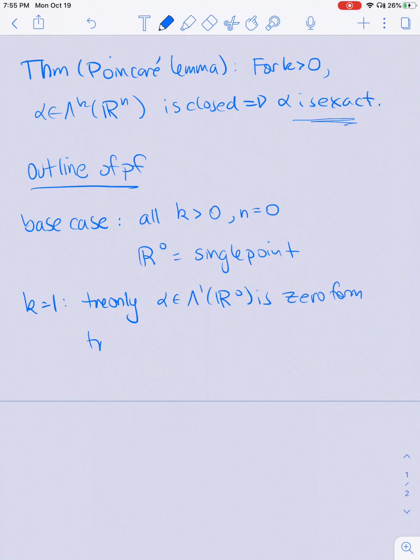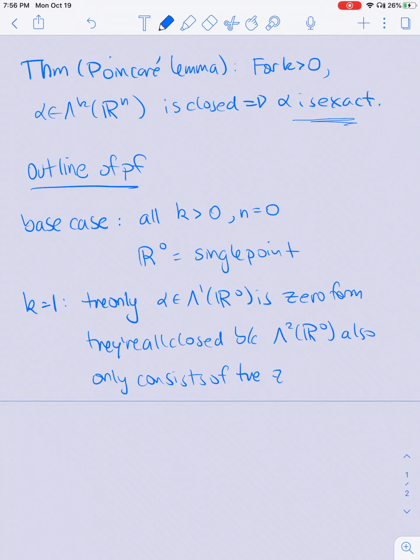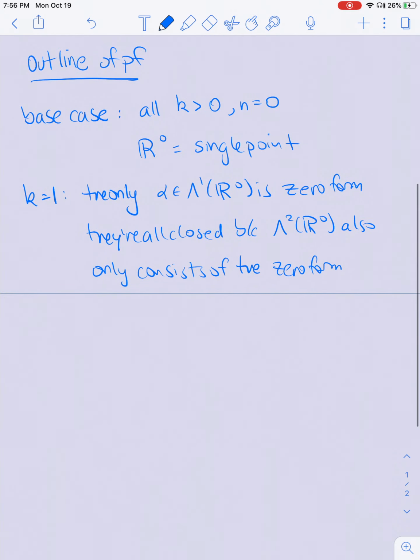And they're all closed, because the only 2 form on R0 is also the 0 form. So it remains to show that they're all exact.